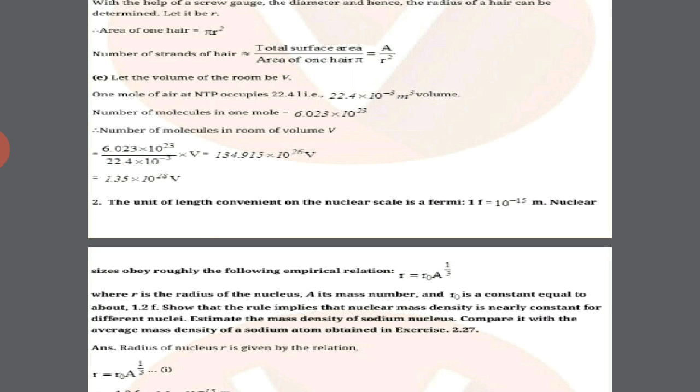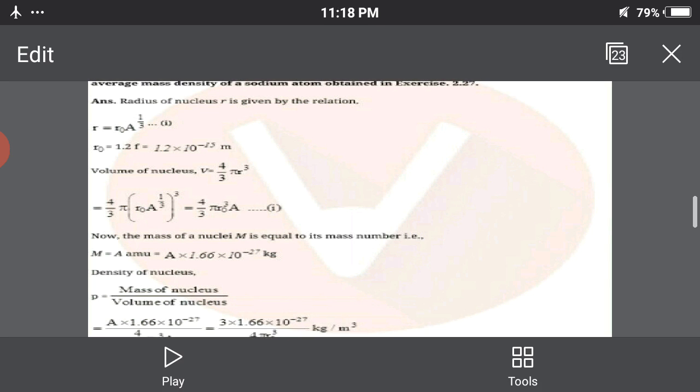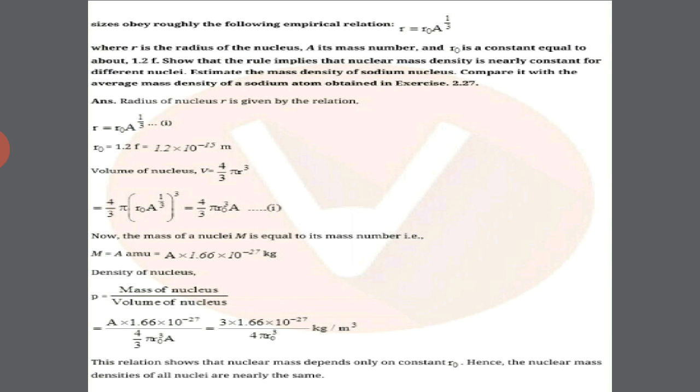Okay, the nuclear size obeys roughly the following empirical relation: R is equal to R naught A to the power 1 by 3, where R is the radius of the nucleus, A is its mass number, and R naught is a constant equal to about 1.2 Fermi. Show that the rule implies that the nuclear mass density is nearly constant, and compare it with the average mass density of a sodium atom obtained in exercise 2.27.